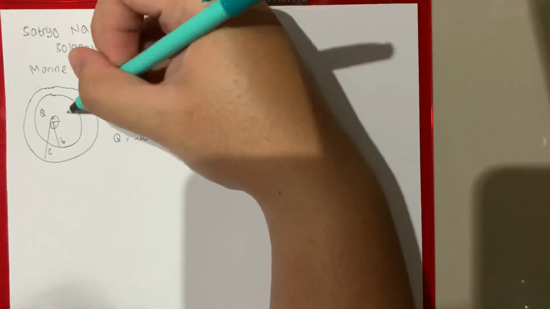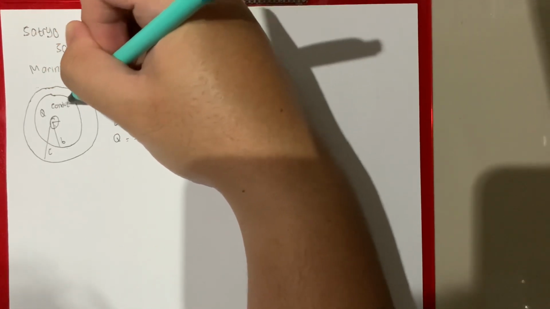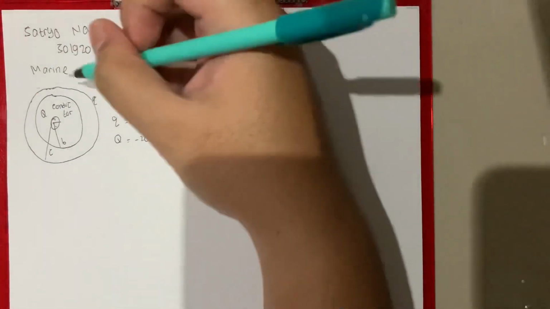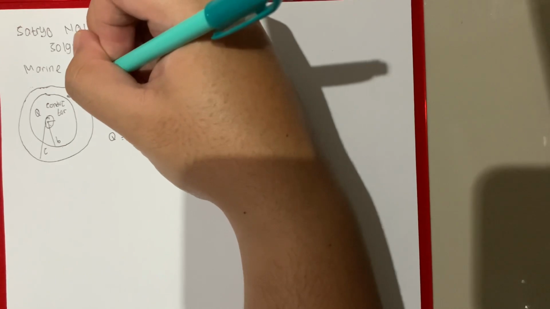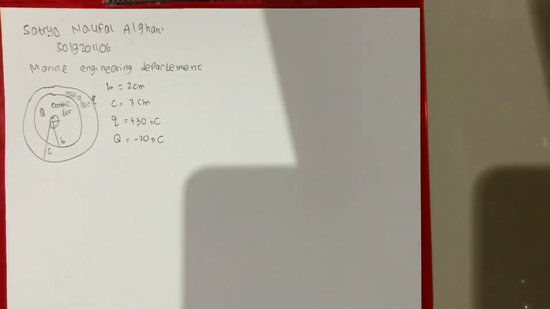Okay, so before we begin the calculation, we have to know first that the inside one with the big Q sign is called the conductor, and the one that is outside with the little q sign is called the isolator.